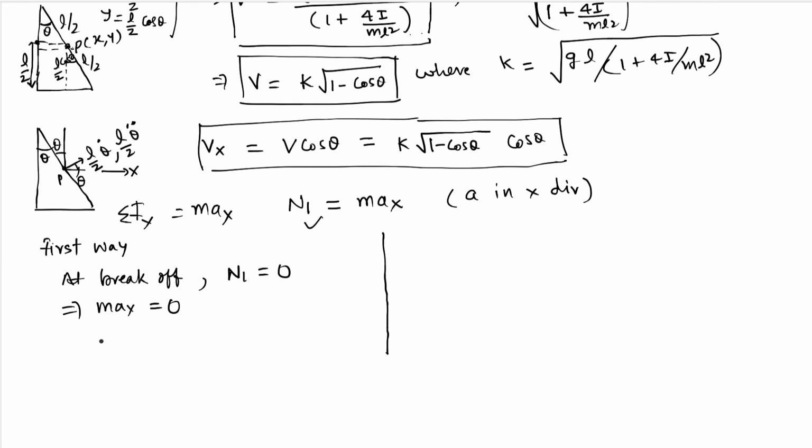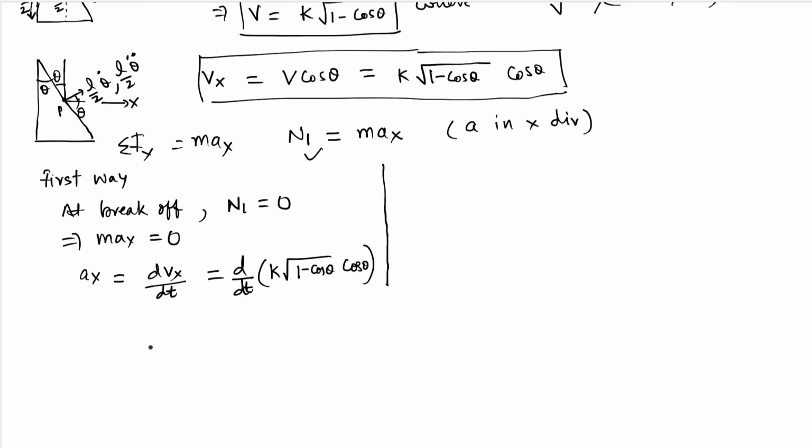Okay, now what is ax? Ax is nothing but dvx by dt. Okay, and what is vx? Vx is k root of 1 minus cos theta, cos theta.